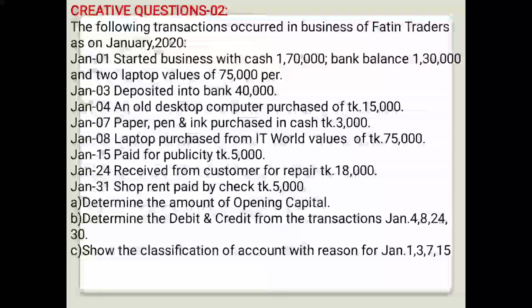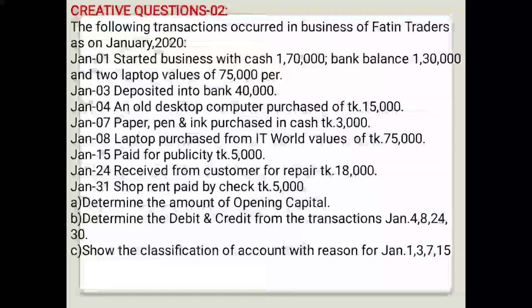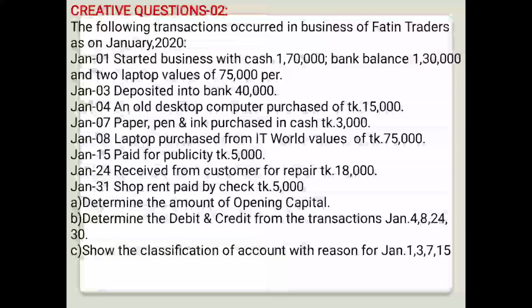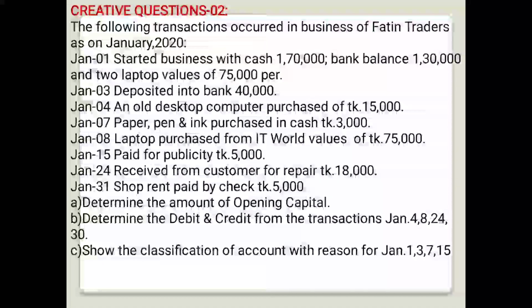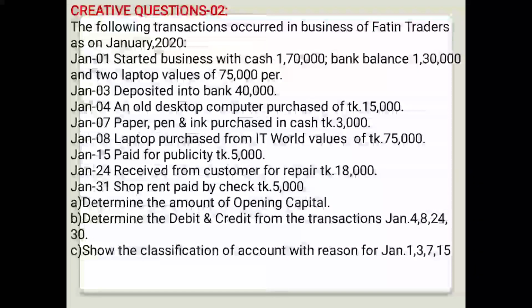Dear learners, that's all for determining debit and credit. But in this part, for our main requirement, classification of account from beginning to ending transactions, I am discussing the classification: cash, bank, office equipment, asset, capital, equity, stationery expenses, equipment supplier liability, advertisement expense, repair service revenue, rent expense.